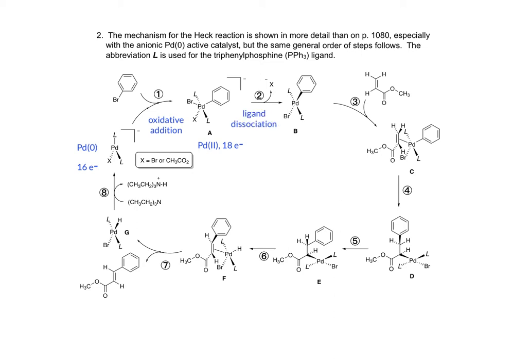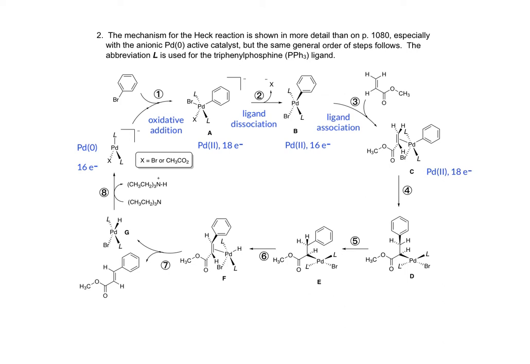In this case, a negatively charged ligand is leaving, either acetate or bromide, and this gives a neutral intermediate, compound B. The third step is ligand association of the alkene of methyl acrylate to give intermediate C.